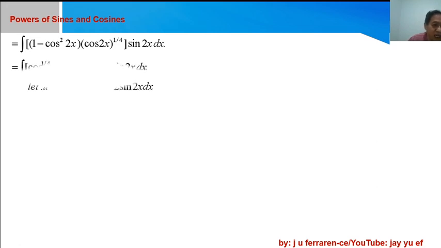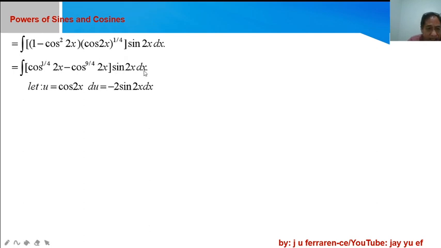And then I can distribute the cosine raised to power 1/4 to the transformation formula being used. So, we have a term which is cosine raised to power 1/4 when it's distributed to 1. I can add 2 and 1/4 because these are all cosine, and we have cosine raised to power 9/4.